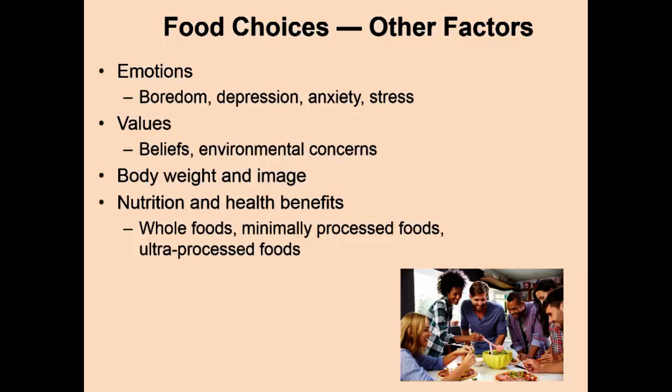Now, let me talk about processing a little bit. Processing is when anything is done to a food. So if you go to an orchard and you pull an orange or an apple off of a tree, you have just processed that food. You have done something to it. In this case, it's very minimal.